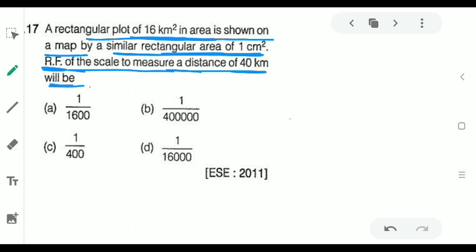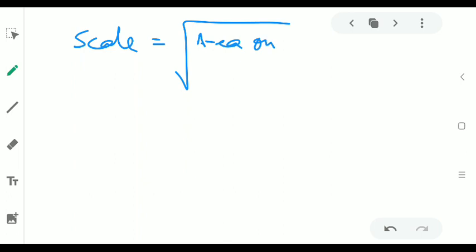So this distance of 40 km is your redundant data. To find the value of the scale, what we need is simply that your scale is basically the area on the map divided by the area on the ground.